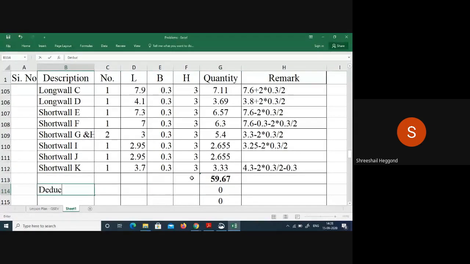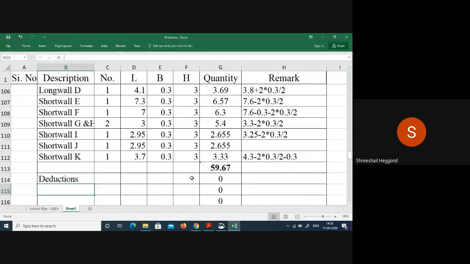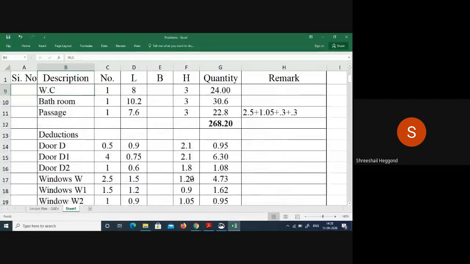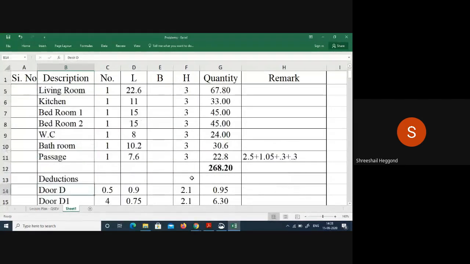You need to do the deductions in brickwork also. Wherever openings are there, those you have to consider for deductions. That I'll be considering from deductions of previous sum.